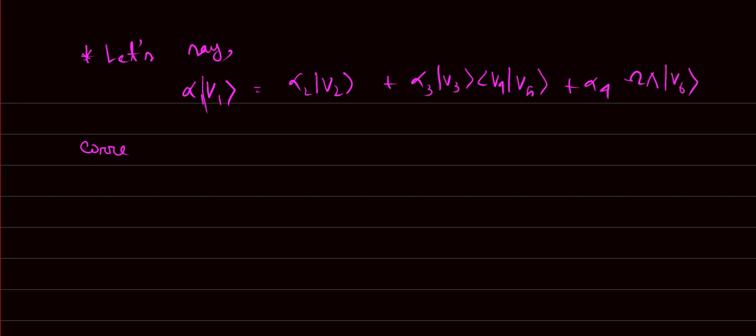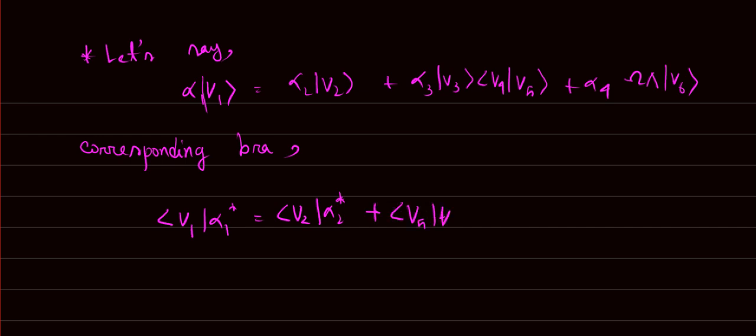The corresponding bra will be written like this. And what will be the right side of this equation? It will be bra V2 and alpha 2 conjugate, and the order will be reversed, with V3, and there will be a star.